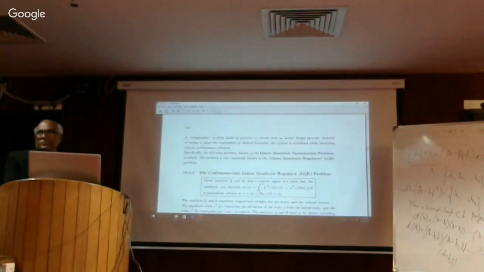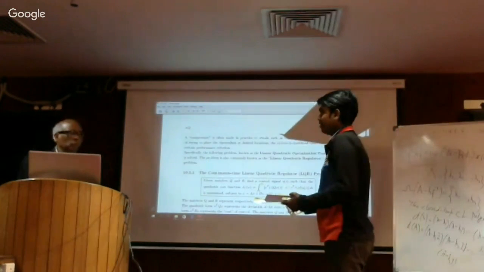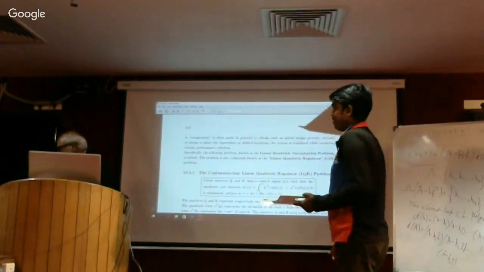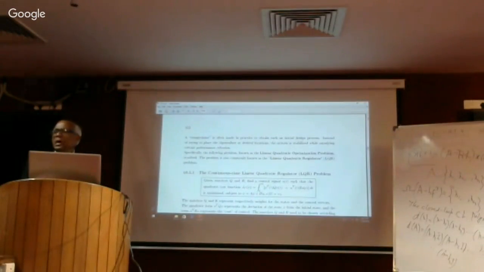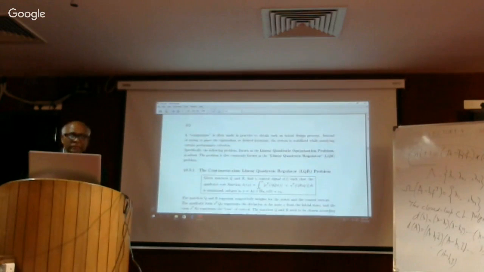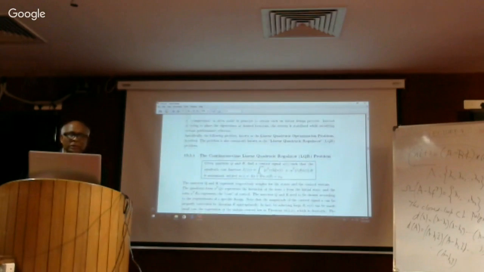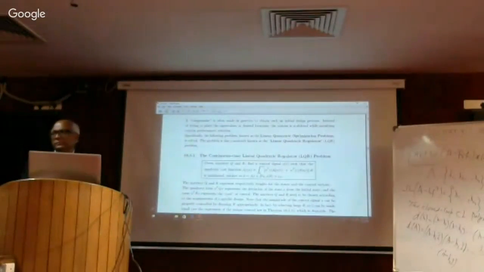And the term u transpose R u represents the cost of the control. So the art is now how to choose Q and R in such a way that certain design specifications will be met.